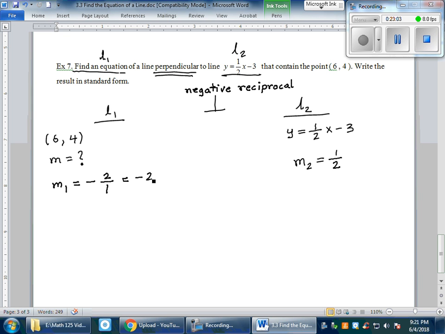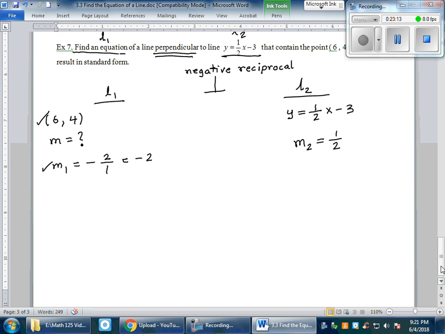Now we know the slope and we know the point, so I can use the point-slope formula to continue the problem. So y minus y sub 1 equal to m times the quantity x minus x sub 1.